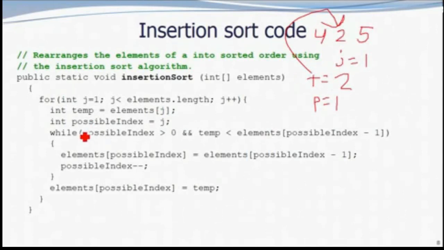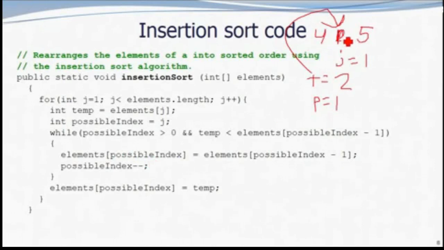J equals 1. Is possible index greater than 0? Yeah. And temp is less than the one before it, possible index minus 1, which would be 0, so it's this one. Is temp less than that one? Yes. So then in that case, the element at the possible index, which is here, equals the one before it.